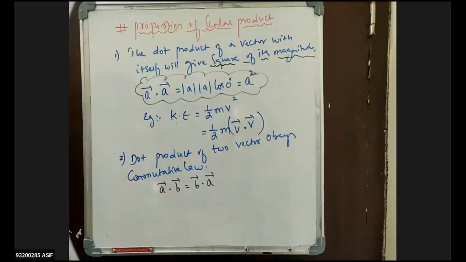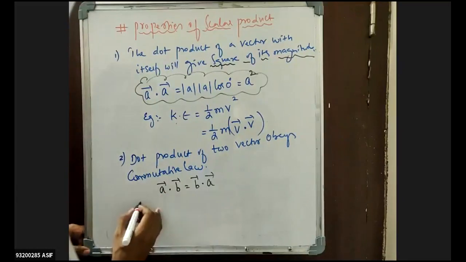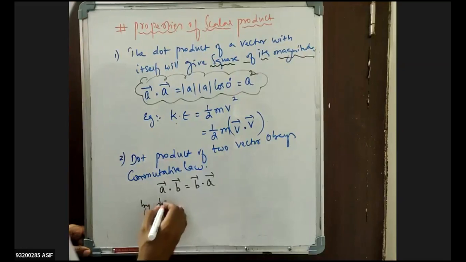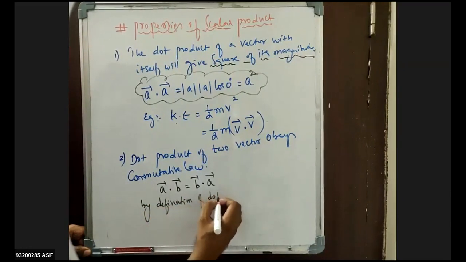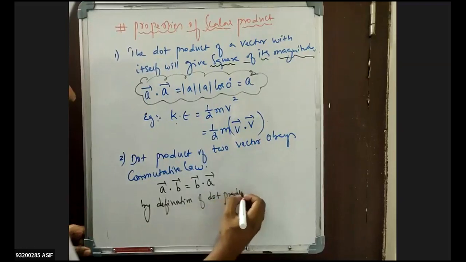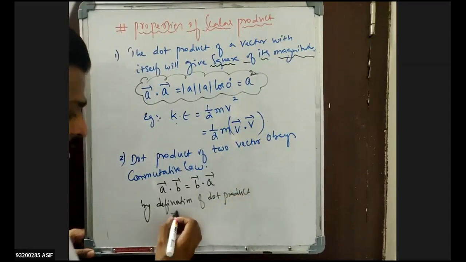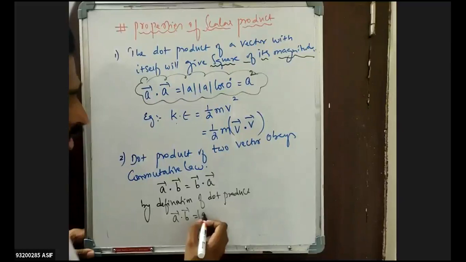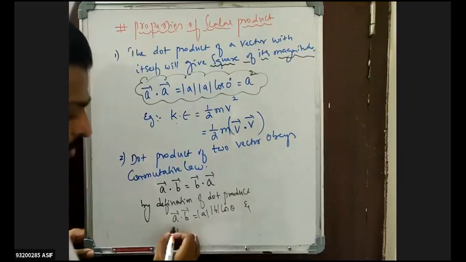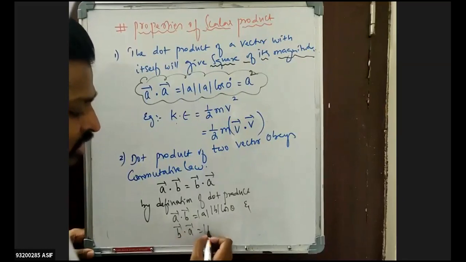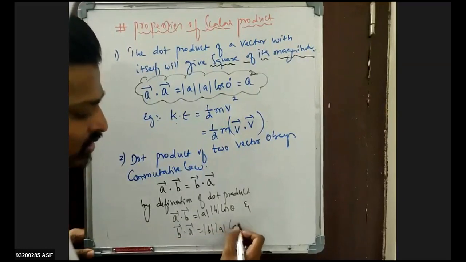By the definition of the dot product, a bar dot b bar is equal to mod a mod b into cos theta, and b bar dot a bar is equal to mod b mod a into cos theta.